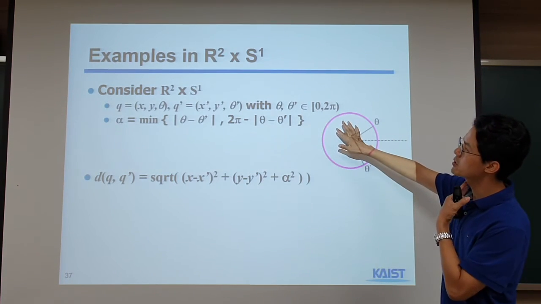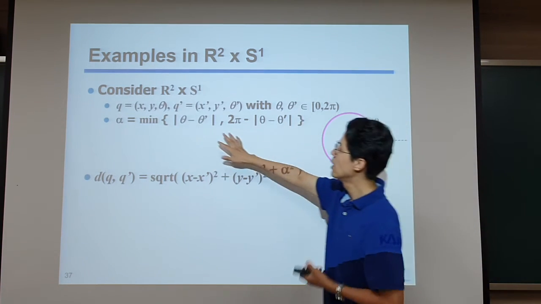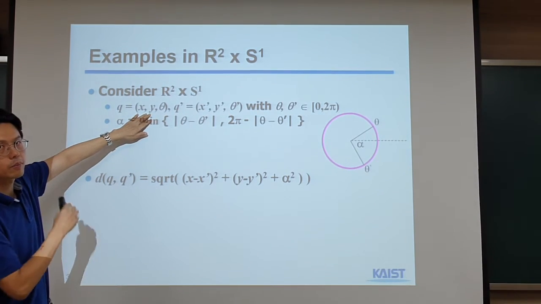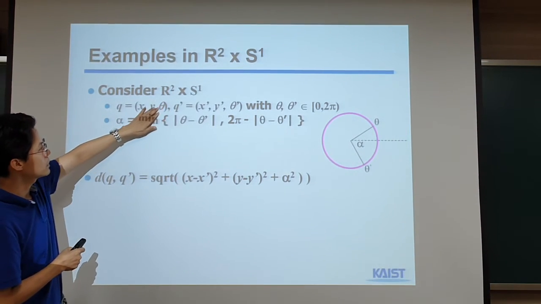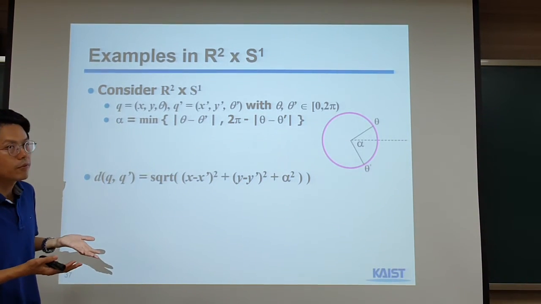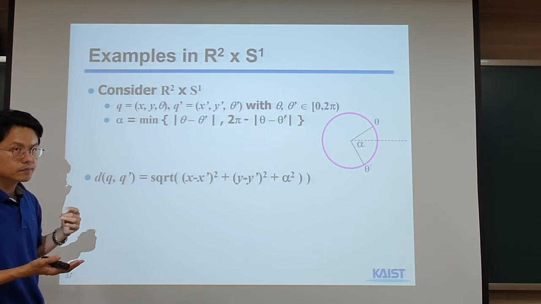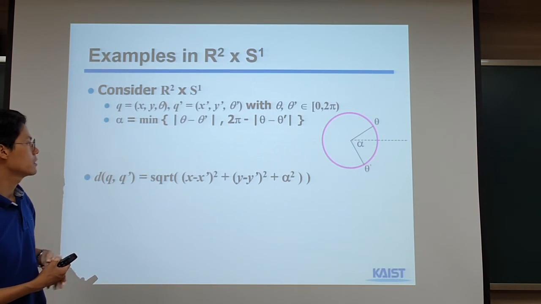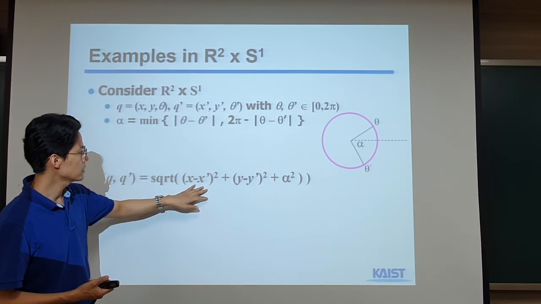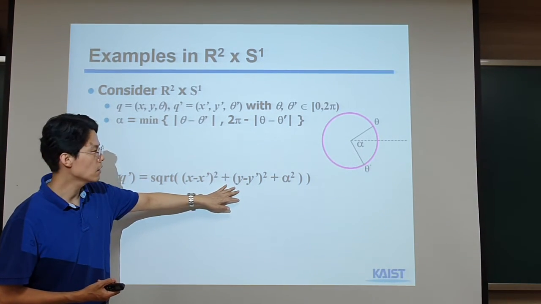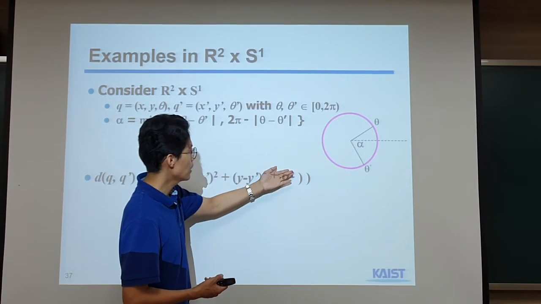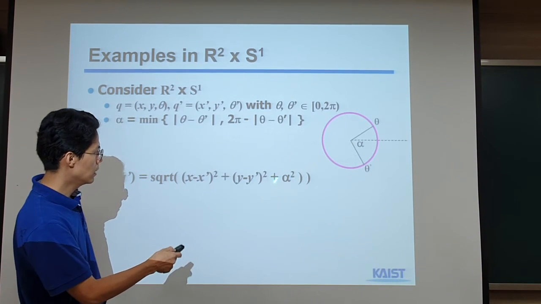Another one is this. Suppose we have the xy space for the position, and also the orientation, for this q and q prime configuration. We can define their distance like this. It looks like the Euclidean distance. Here, it is basically the same component of the Euclidean distance, measuring the distance along the x and y dimensions. Here we are also just adding alpha square.